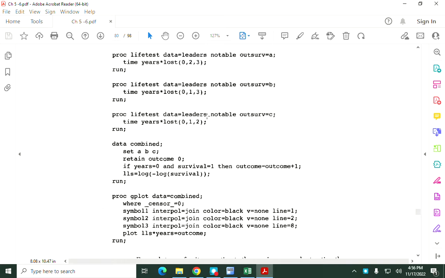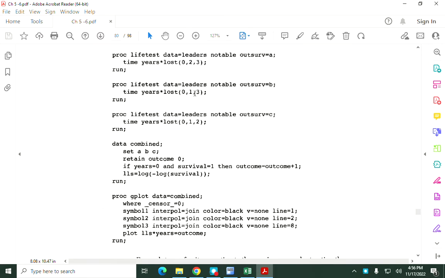I have a whole data set. If I only care about those people who got voted out, I can't remember 1, 2, 3, which one. Okay, I think one is natural cause of death. So if I want to study 1, 0, 2, 3 will be censored out.